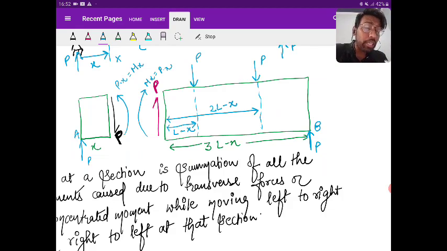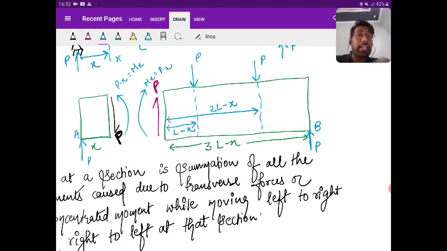Then only the resistance can develop in the clockwise direction. I'm repeating it, please listen. You have seen that in the left block, the resistance that you are obtaining at the section in the moment is P into H. That is a bending moment, right?